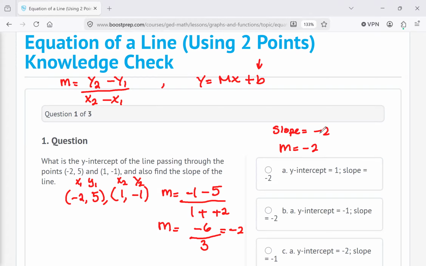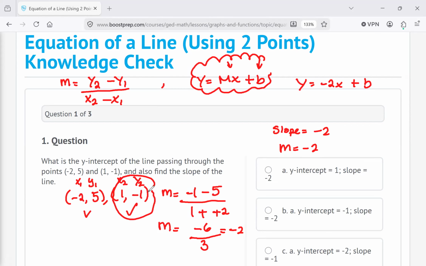Now we've got to find the b. So I'm going to use this equation, and the good news is we already have the slope, which is -2. So it's y equals -2x plus b. Now, how do I find my b? You take the 2 points they gave us and pick one point. It doesn't matter which one. It won't be wrong if you use this point or that point, I promise you. I'll use this point.